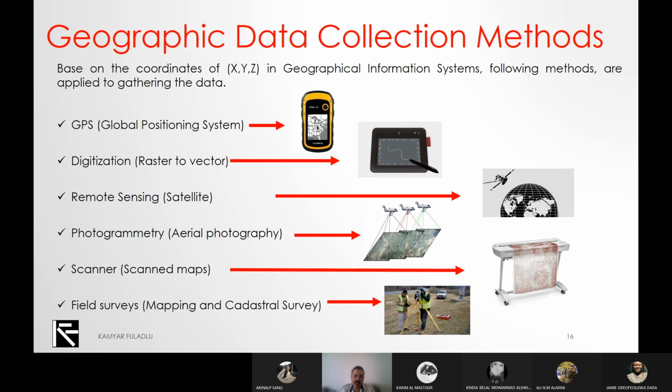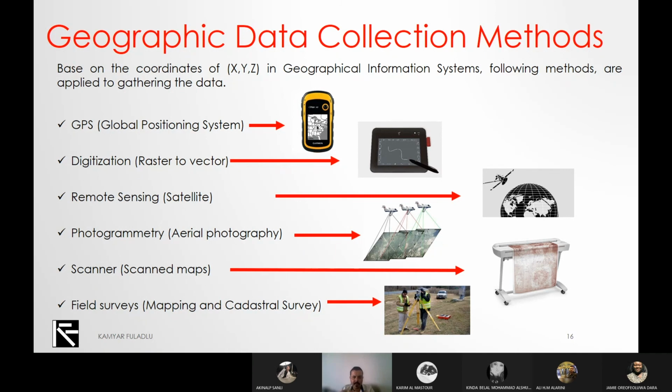Compared to the satellite, it is at a low altitude because the satellite is almost above the atmosphere, but the drone and also the airplane, which is equipped with a camera for photogrammetry or for aerial photography, fly at a low altitude and then capture the earth, and each of these pictures is called a mosaic, and these have an overlap onto each other.